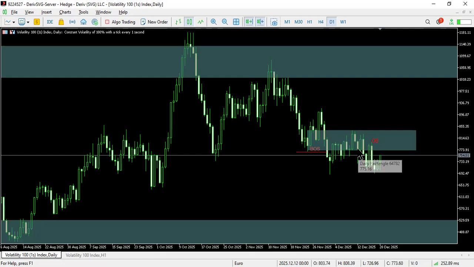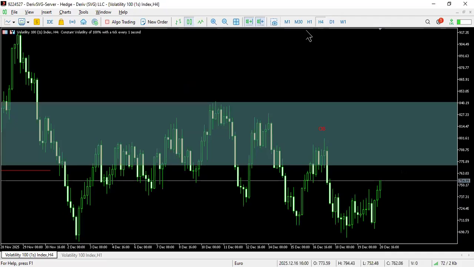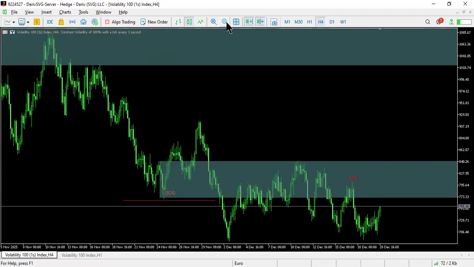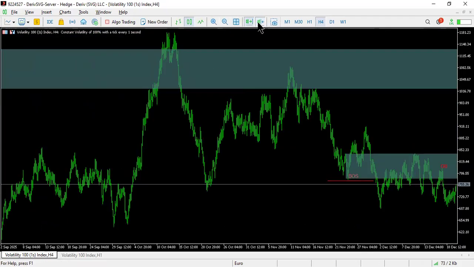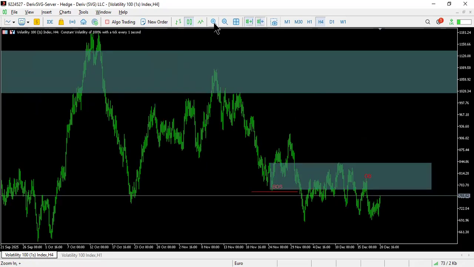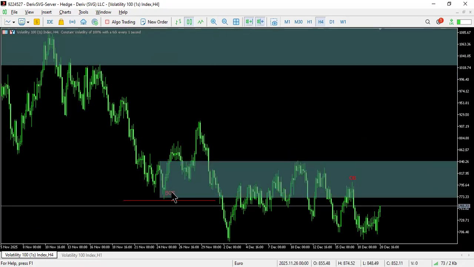And then if we go to the 4 hour time frame, we can just adjust our order block to the 4-hour order block.